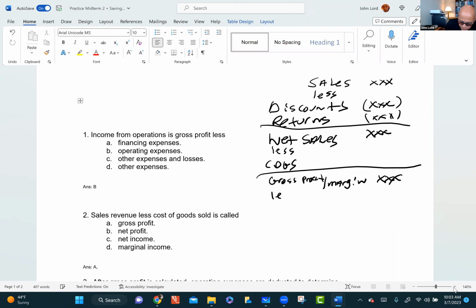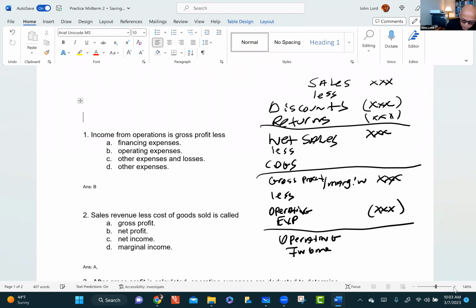Then we do what? Less operating expenses gives us operating income. Now, users of financial statements are really interested in this number and this number, because when an analyst looks at gross profit, they're saying, well, look, you have to pay whatever the market is for your inventory.